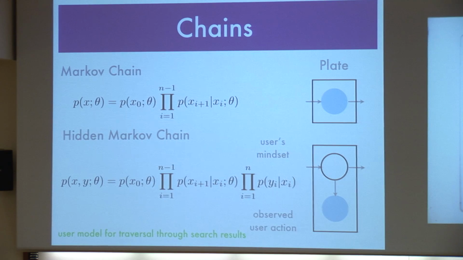So here's what we get. P of x parameterized by theta is, well, you have to start from somewhere, P of x naught given theta, times the product, i going from 1 to n minus 1, P of x i plus 1 given x i and theta. Right? So what I need is exactly this. Okay, I have to start from somewhere, and then you just repeat accordingly.